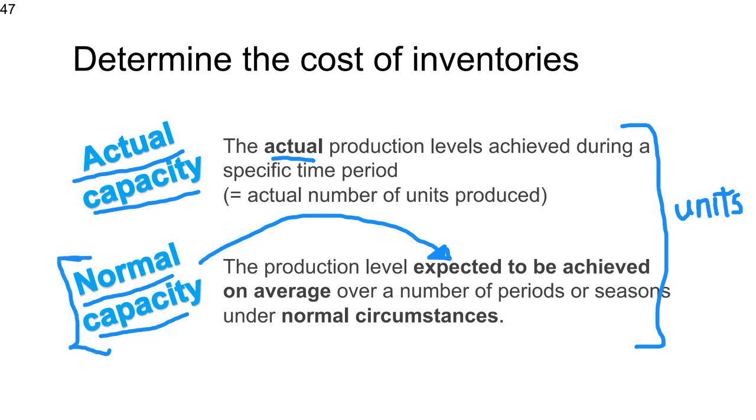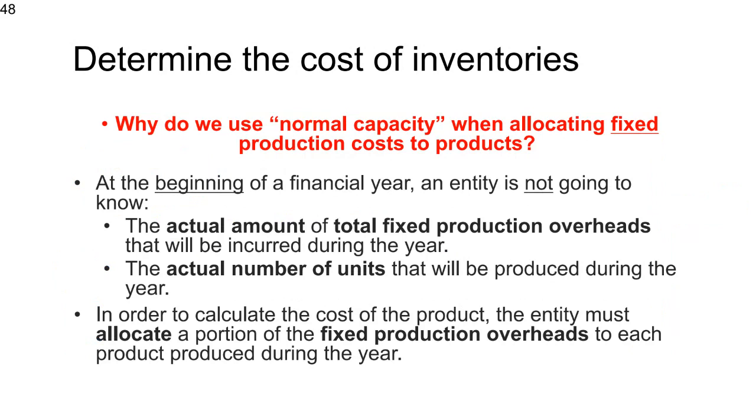So I allocate that cost and I say, this first unit that I produced is going to have so much rental allocated to it, and I do that based on normal capacity. Another word for normal capacity is estimated or budgeted units that I plan to produce. Okay, so this is what I'm saying in this slide.